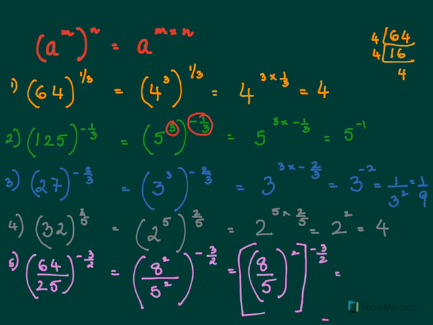So here we'll have 8 by 5, 2 into minus 3 by 2, this cancels out, put this bracket, so I have 8 by 5 raised to minus 3.